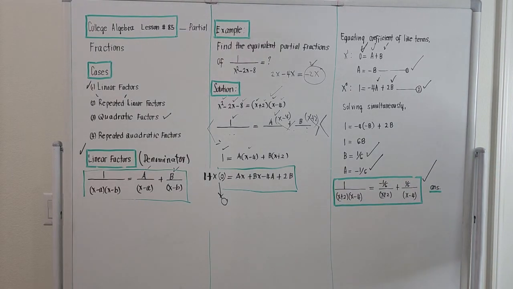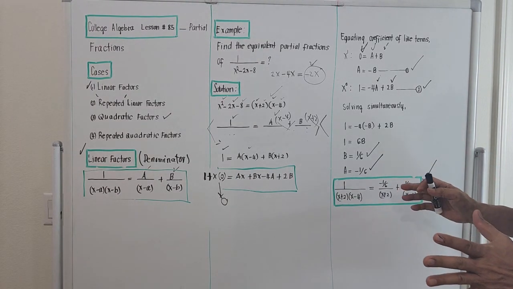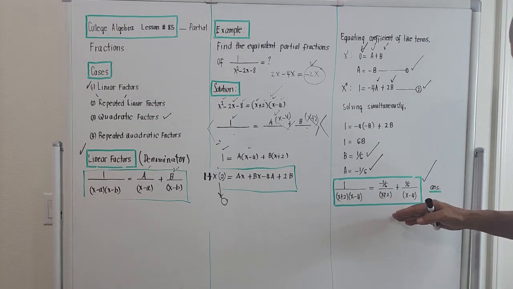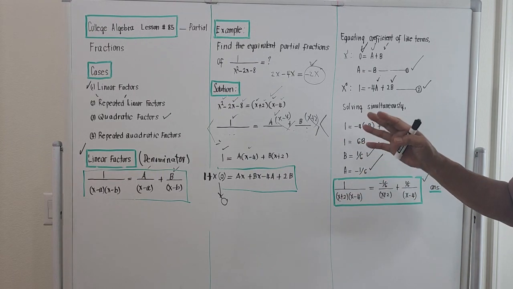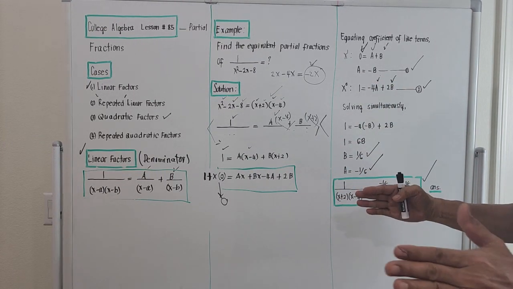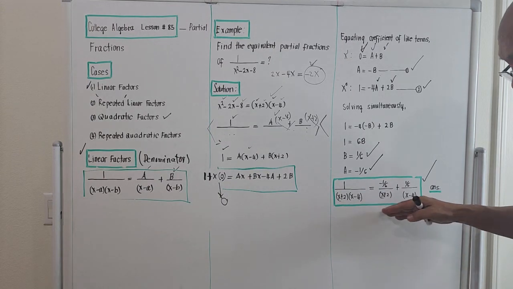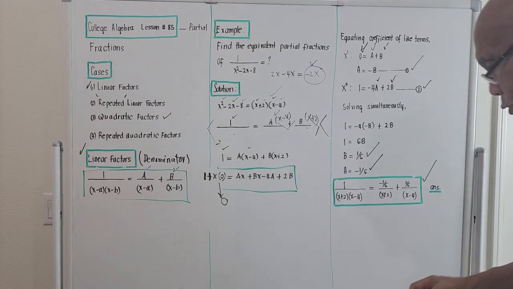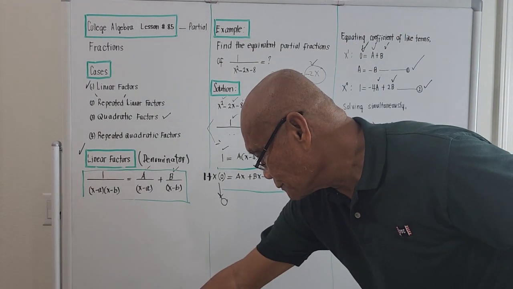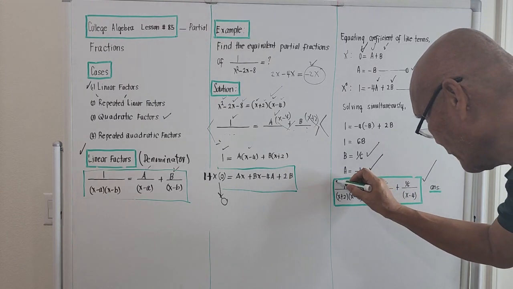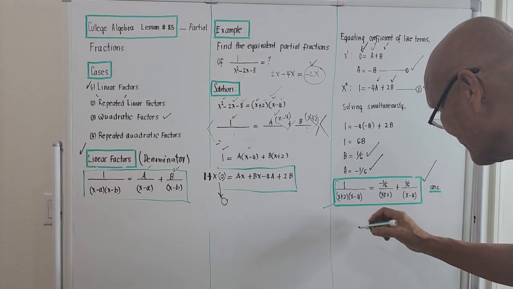Okay? So that's the way to get the equivalent partial fraction of this if the factors on the denominator are all linear. It's not repeated, it is just simply linear, right? Because under the study of integral calculus, there could be a problem where you will integrate this one, right?